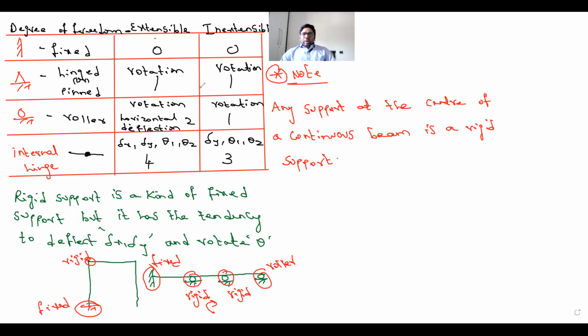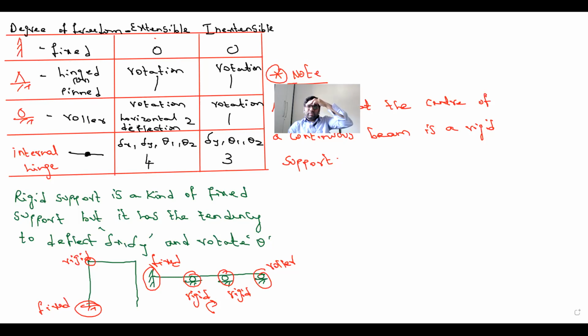So that is how we need to understand. So with the help of this table, we are going to solve the problems now. In the next 10 minutes, we will solve the problems, and then we will move on to the next topic. Okay.